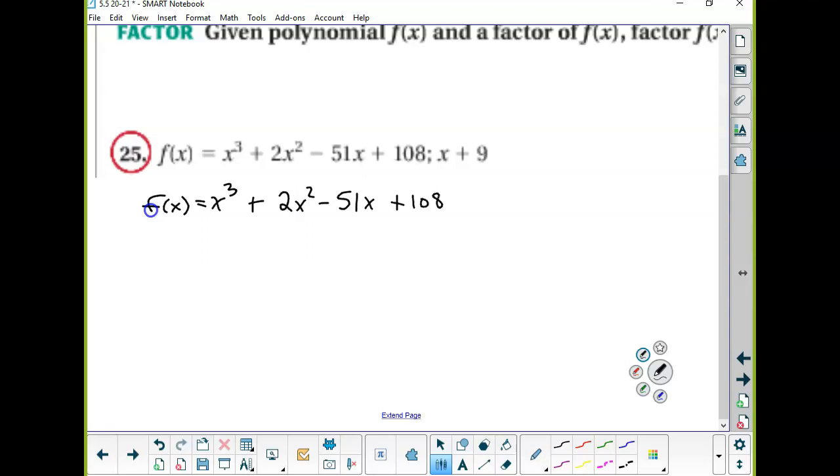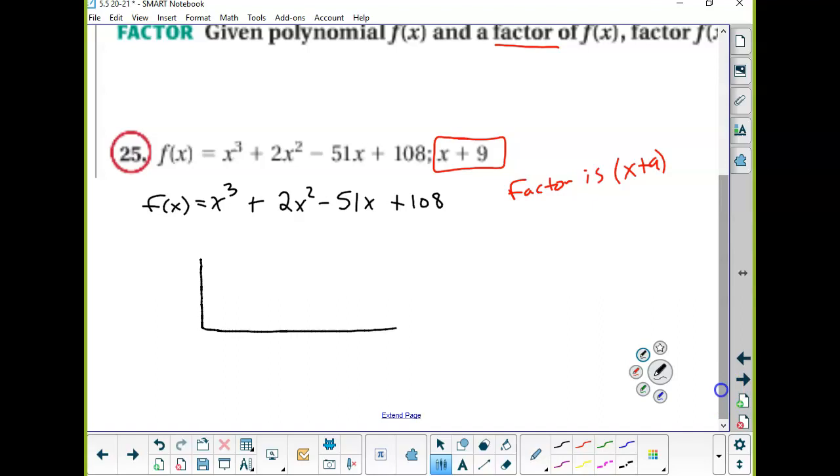Now notice, 3, 2, 1, constant. I don't have any missing terms, so I'm in a good spot there. And they're saying that one of the factors is x plus 9. So, this is a little weird, but watch how synthetic division works.